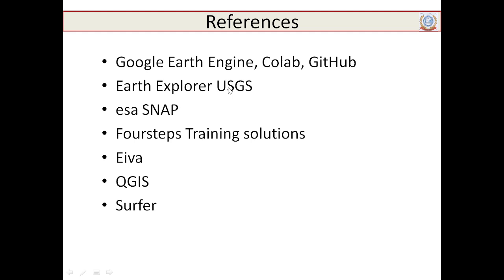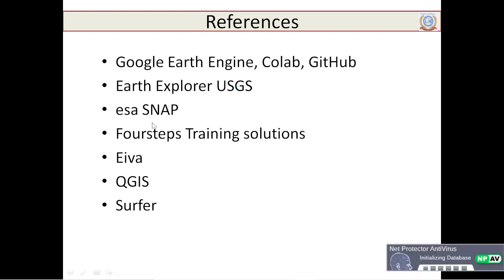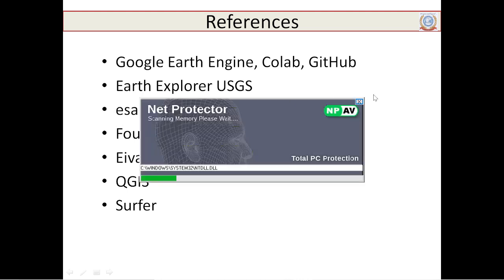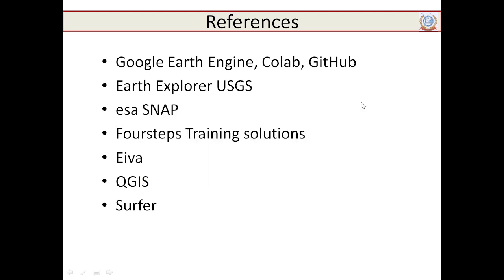And I have also used the European Space Agency's SNAP tool. This is a very useful tool where you can get an idea of how the environmental or input corrections are taken up, such as atmospheric corrections.